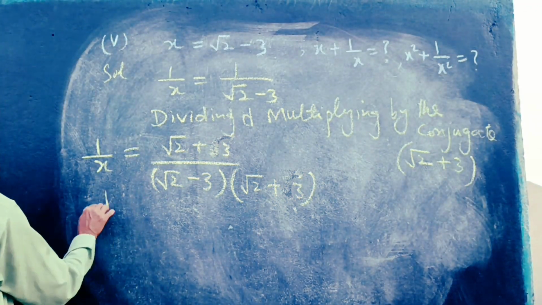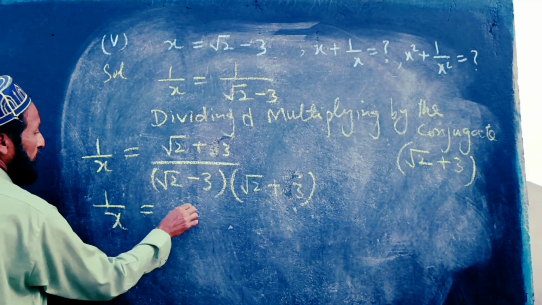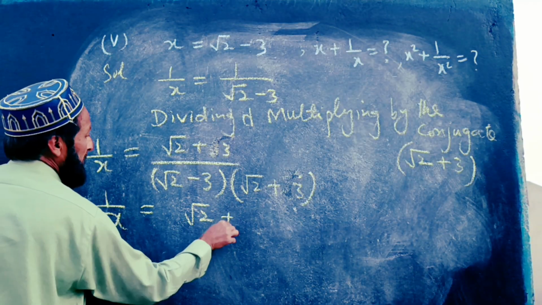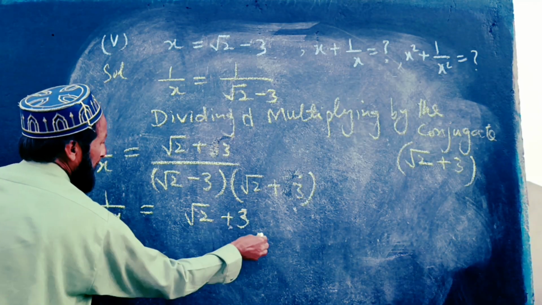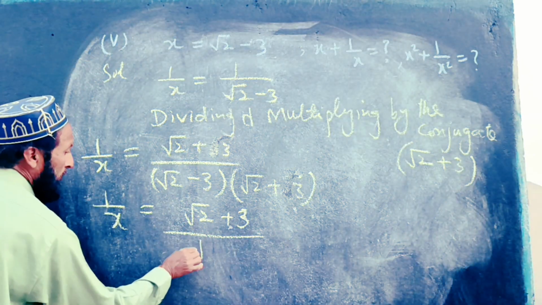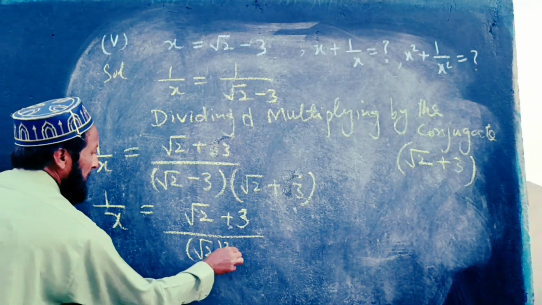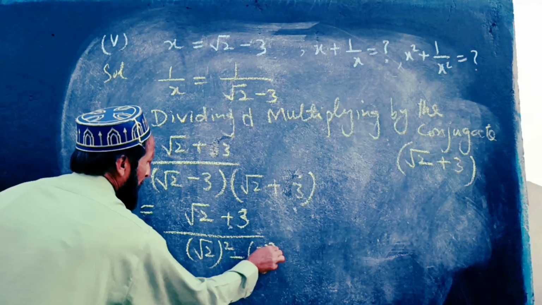So 1 by x is equal to square root of 2 plus 3, and here we can use the formula a square minus b square.